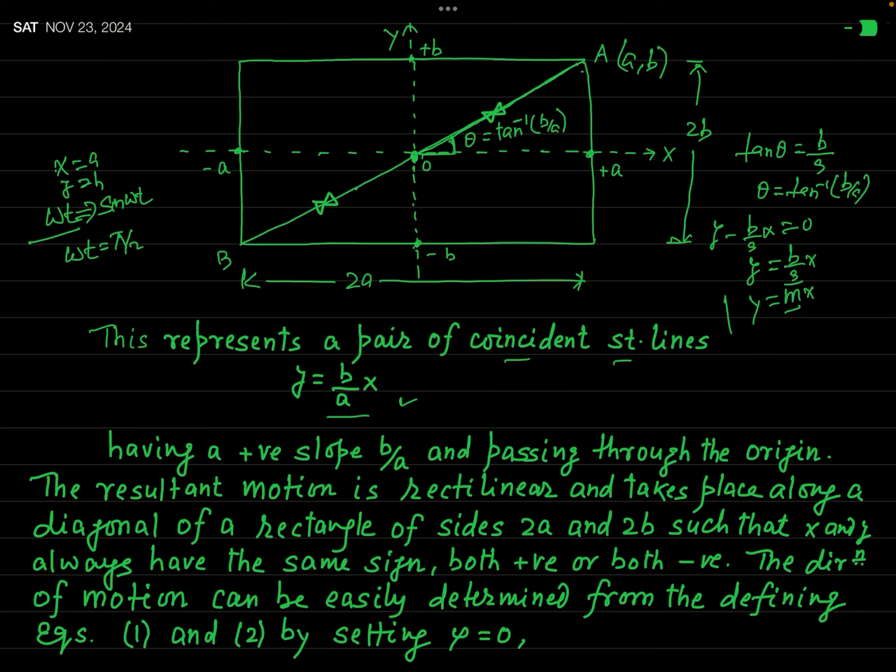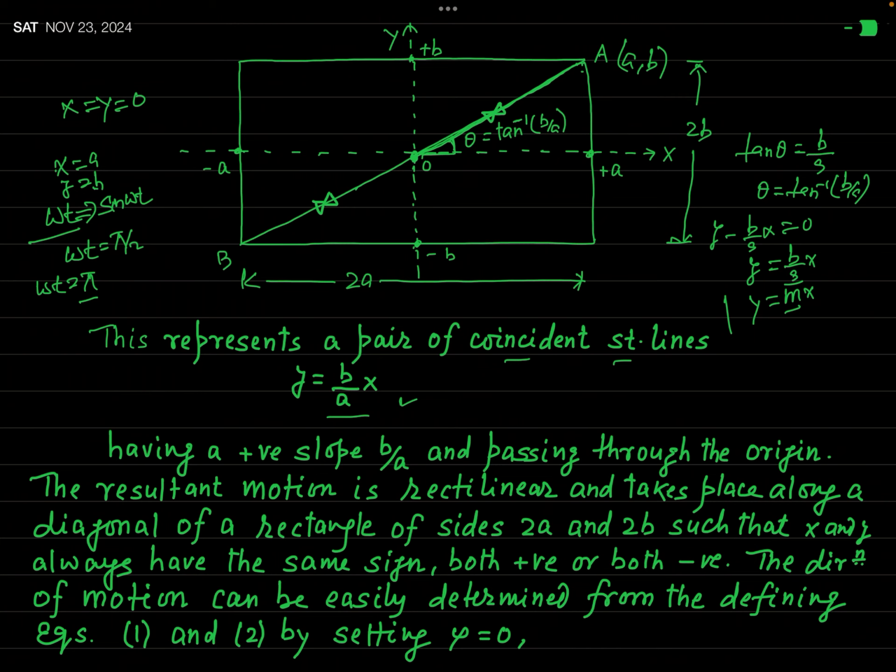So the particle moves from point O to A. Okay. But after that, with increase of time, the value of sine omega t decreases. And when omega t becomes pi, then again sine omega t will be 0 and both x and y will become 0. It means the particle returns back from A to this point O when omega t is equal to pi.